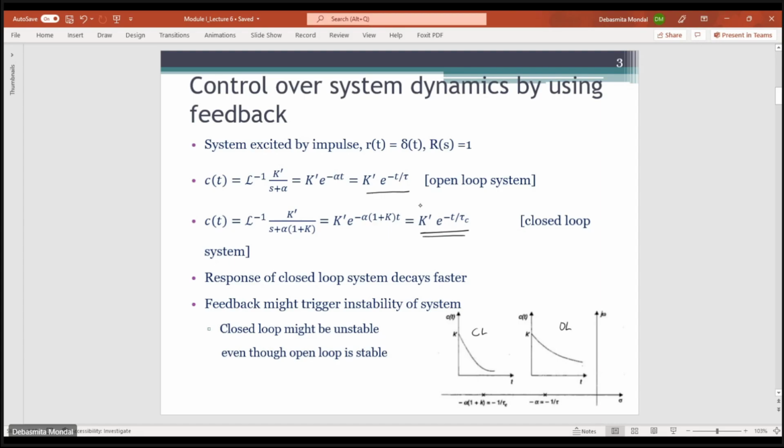So it will respond to a much larger range of input frequencies, and the speed of the response will also be faster in a closed loop system.